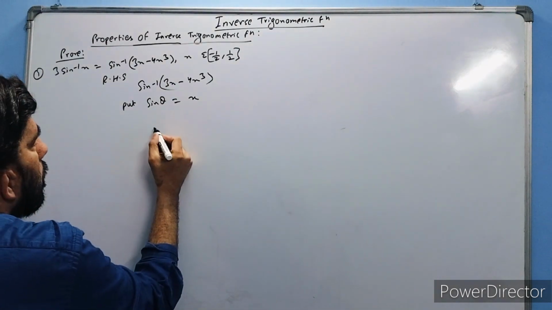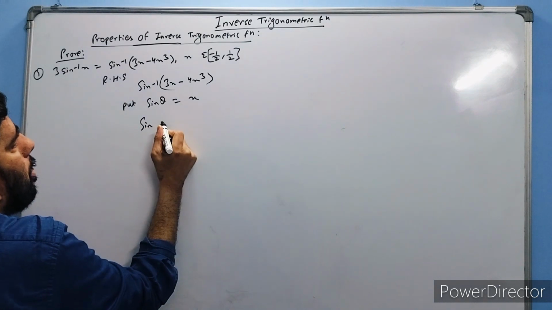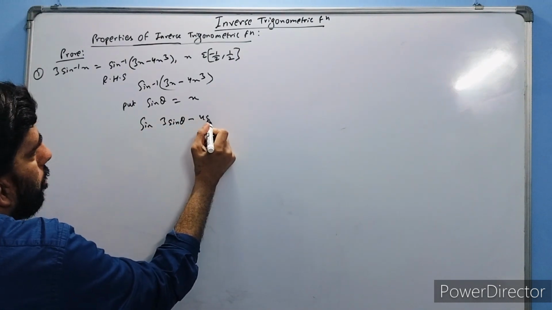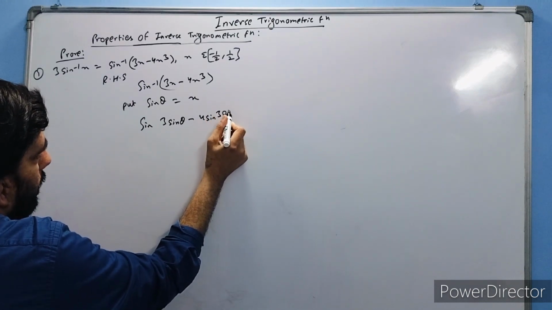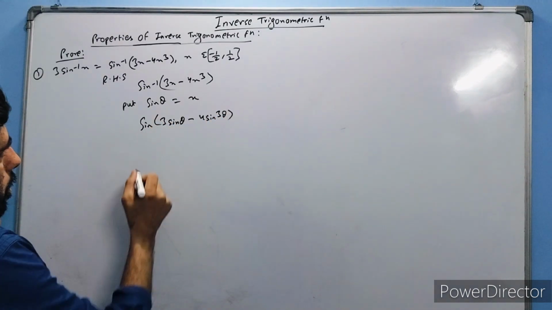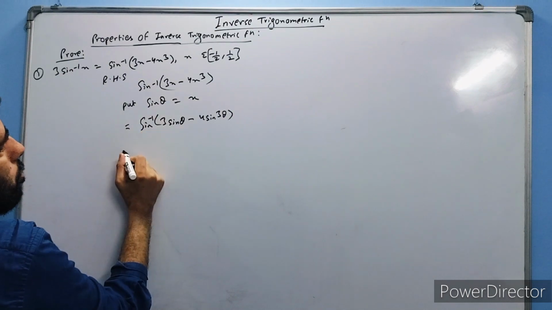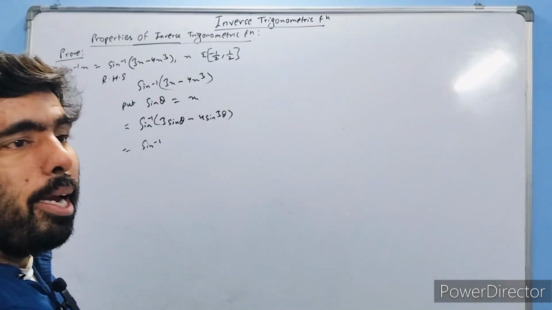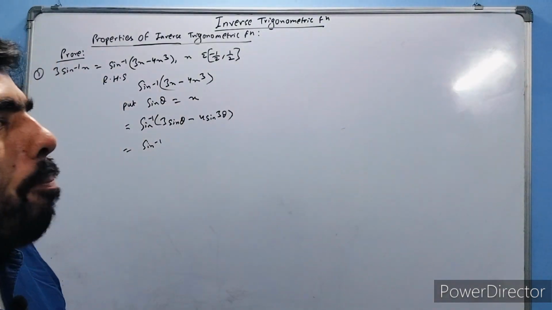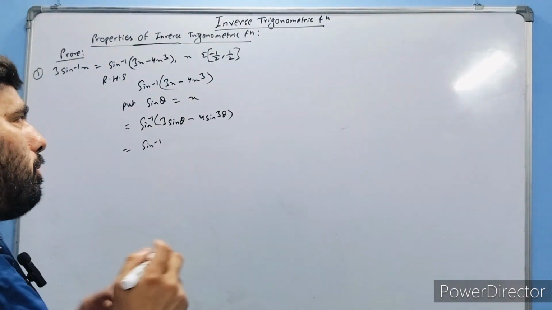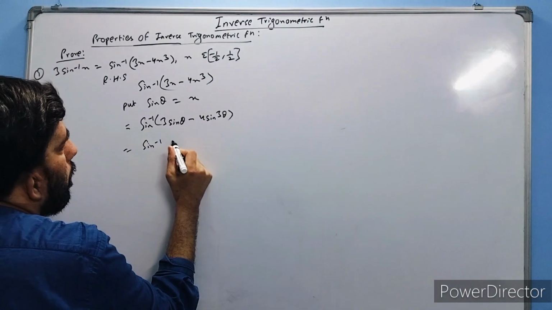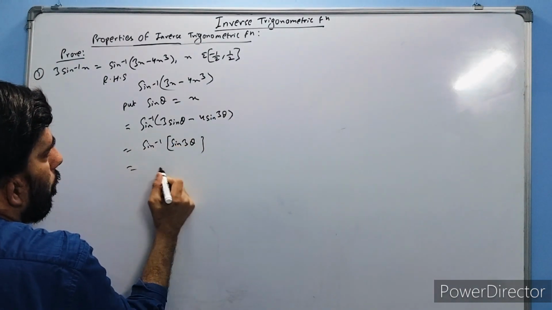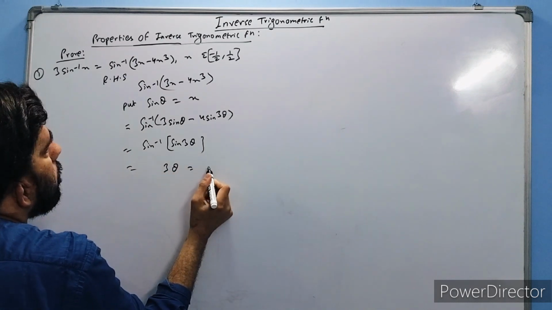Sine theta is equal to x. So we know that 3 sine theta minus 4 sine cube theta, sine inverse. We know that this is the formula for sine 3x, that is 3 sine x minus 4 sine cube x. So we will write sine 3 theta here. Now I got 3 theta here, and what is theta?